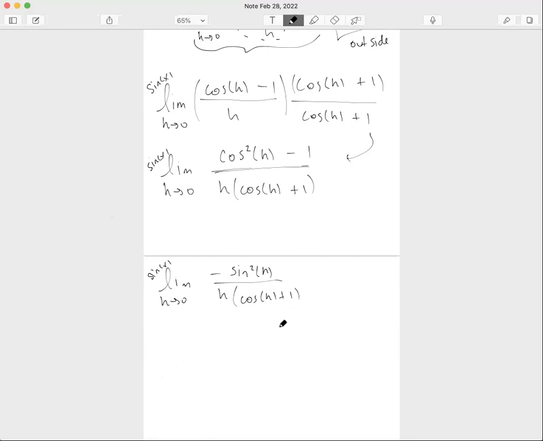Remember, this is using this formula, right? Wait, what happened to cosine squared? Did it cancel? Sorry, we're using this formula. So sine squared is negative. Solve for sine squared, and then you can see how that comes about. I still have a cosine here; I'm just ignoring it for now.